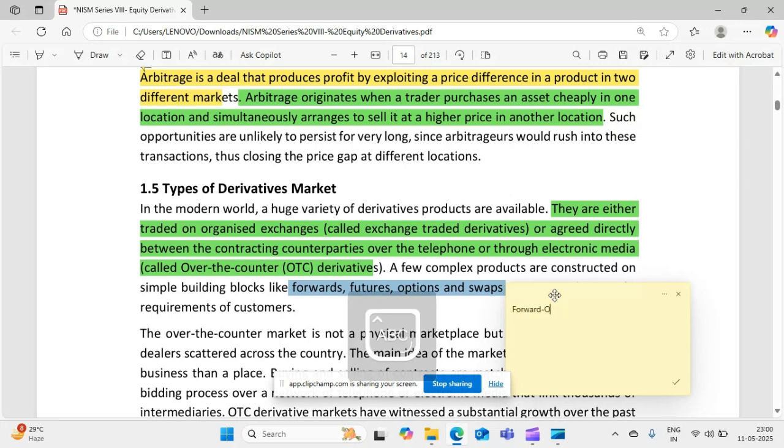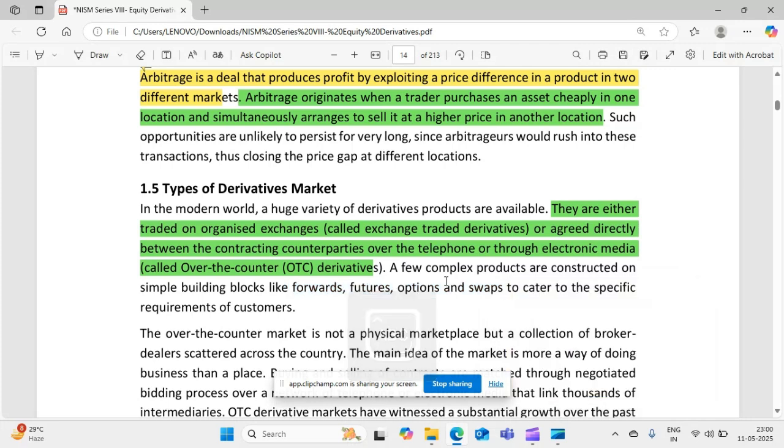Futures are exchange traded. Options can be both, exchange traded and OTC. And swaps are OTC. If we know this, we will be able to understand the full concept.